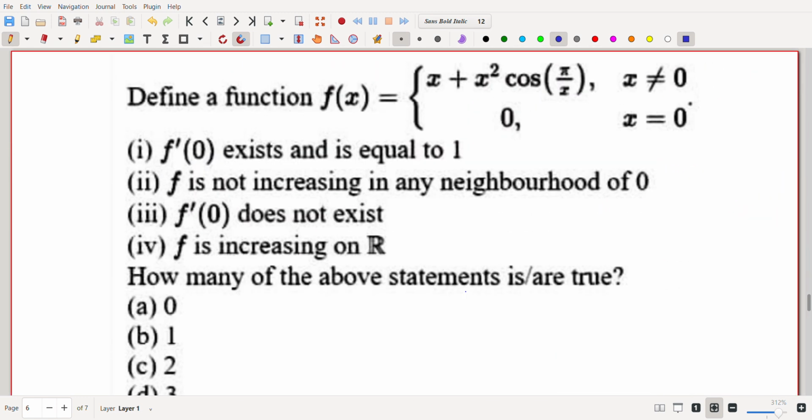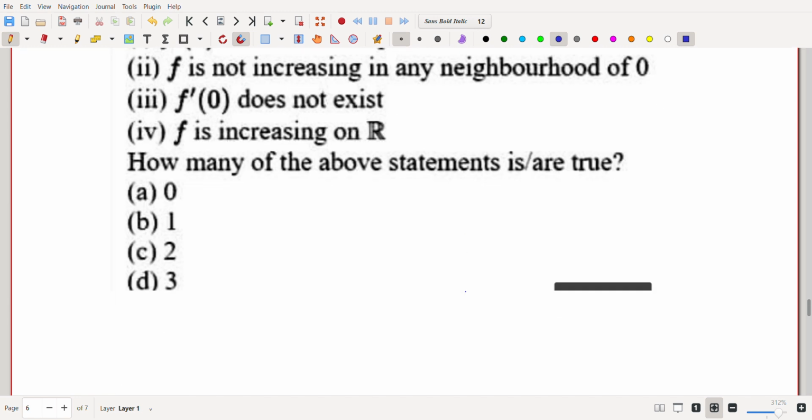This is the problem. The function f(x) is given by f(x) = x + x square times cos(pi by x) when x is not equal to 0, and 0 when x equals 0. First of all, when x is not equal to 0, f is clearly differentiable. You can see that, right? The only thing is that I need to check whether f is differentiable at 0 or not.